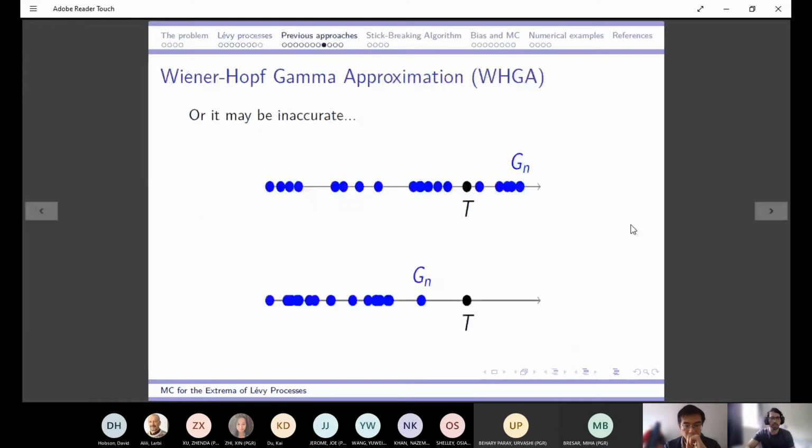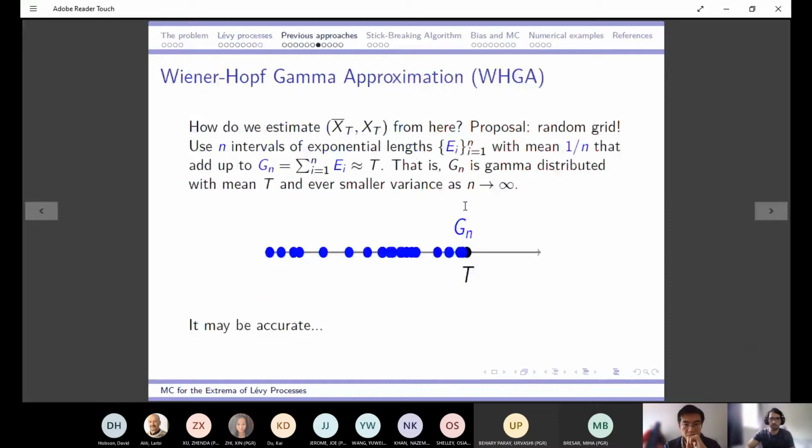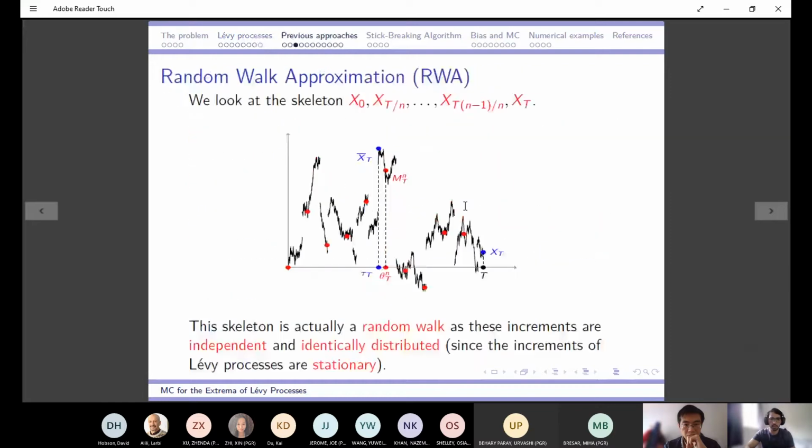And again, the error here mostly depends on how far off this Gn is from the capital T. Just like before, the error depended roughly on how far off the grid was from actually nailing down the time when you had the supremum.